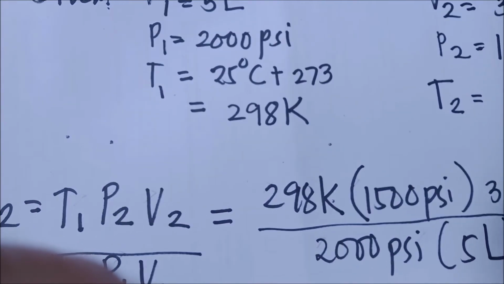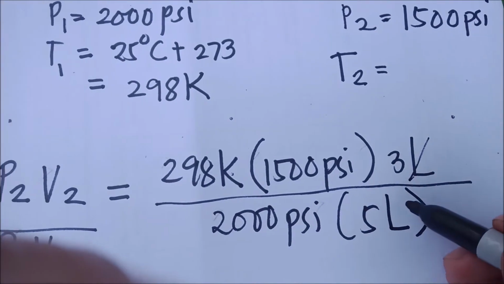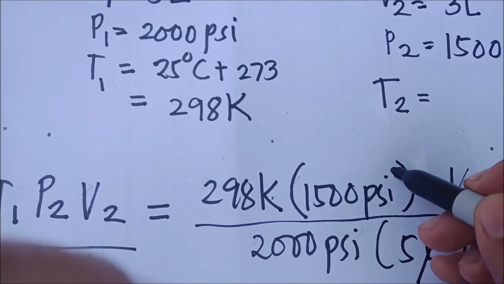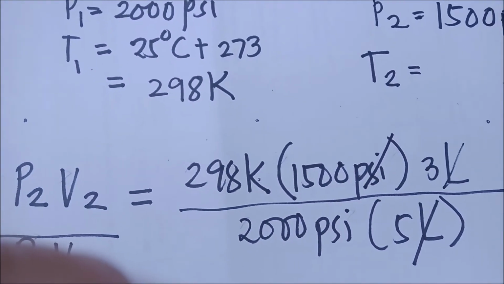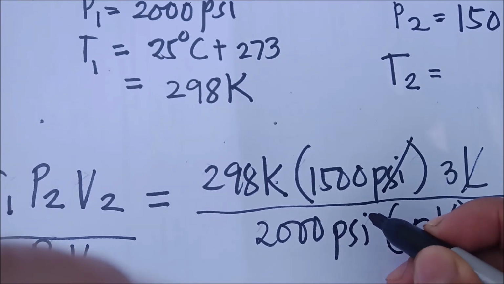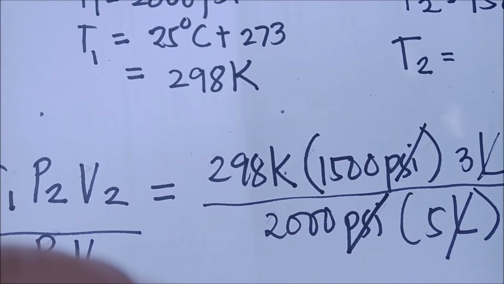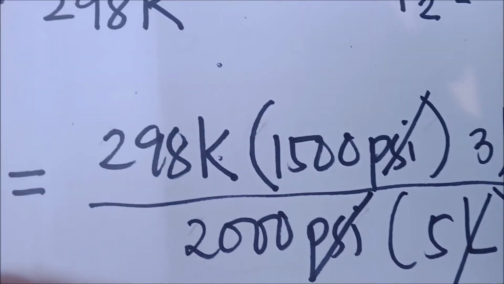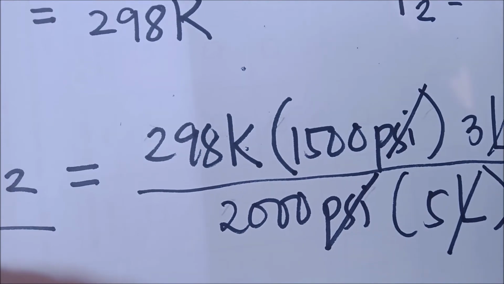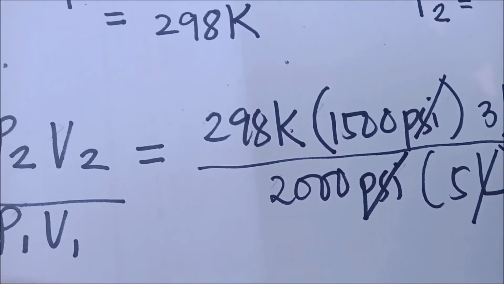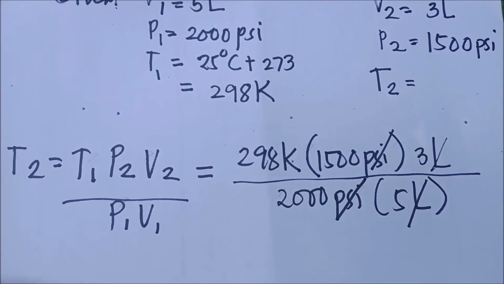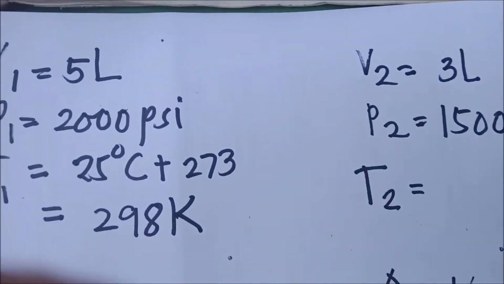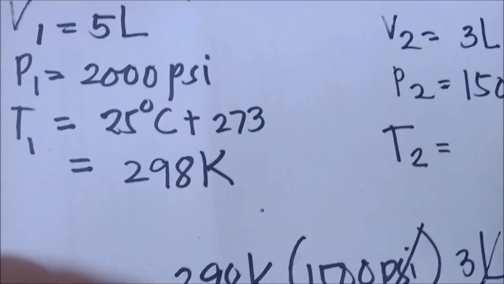The liter unit in the numerator cancels out the liter unit in the denominator. The psi unit in the numerator is cancelled out by the psi unit in the denominator. So what's left in the formula is Kelvin, which is obviously a unit for temperature, the final temperature of the oxygen gas to satisfy the final conditions of volume and pressure given in the problem.